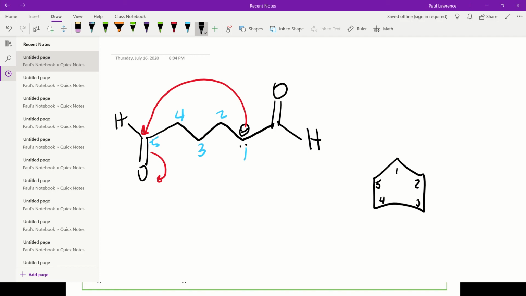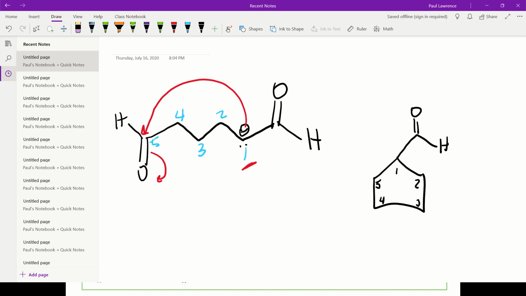And then you go back to your linear version here, and you just make sure the connectivity is correct. We see that carbon 1 is attached to carbon 5. Is that the case? There's the bond right there. Done. But what else is attached to carbon 1? We see carbon 1 is attached to an aldehyde. This guy right there. So we just put it on.